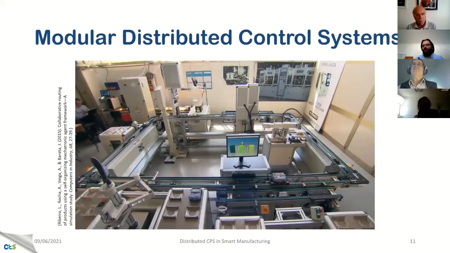For the cyber entity it is exactly the same, because all the interactions among the cyber entities are performed at the cyber level. That's why this approach of using distributed cyber physical systems reduces a lot the effort required for the integration and the interoperability when we need to change a production line.